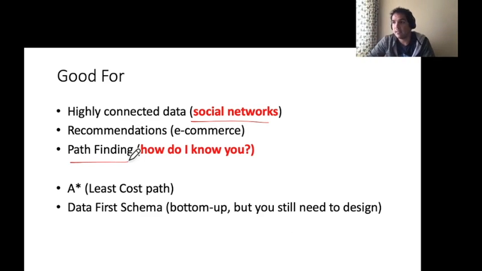For pathfinding, we can look, for example, at the shortest path between this person and this person in the Facebook graph, and things like that. They also have good implementations of popular algorithms for looking for the shortest path, Dijkstra and some other algorithms like that, in case you are familiar with that.